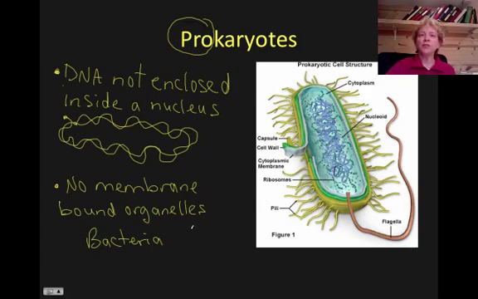Pili are actually used to help the bacterium attach itself to a host cell. So every time you get infected with a bacterium that makes you ill, the reason they are able to infect your cells is because they attach themselves to your cells through the use of these pili.